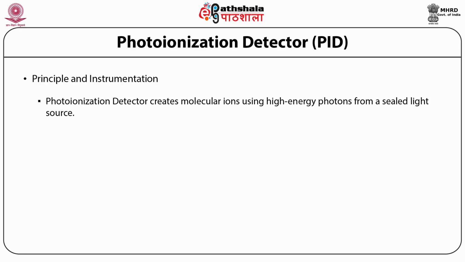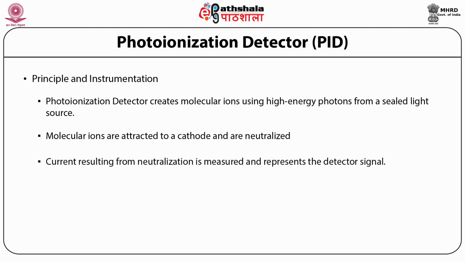Even though strong enough to ionize the molecule, the energy from the lamp usually does not cause molecules to fragment. The molecular ions are attracted to a cathode and are neutralized, yielding the original intact molecule.